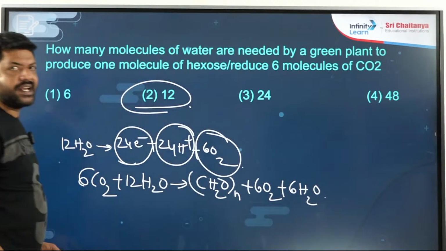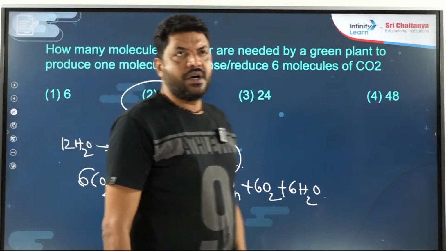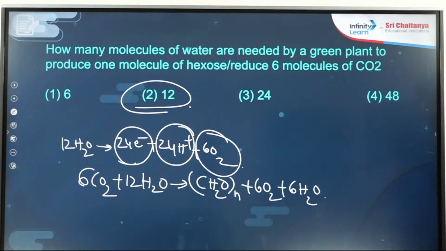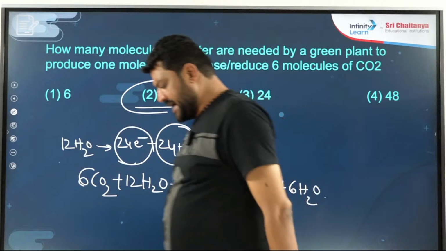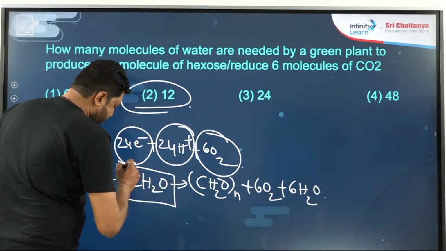This is the basic reaction we write in photosynthesis. So for reduction of 6 CO2, how many molecules of water are to be oxidized? The 12 molecules of water have to be oxidized.